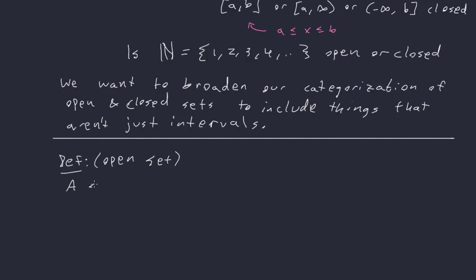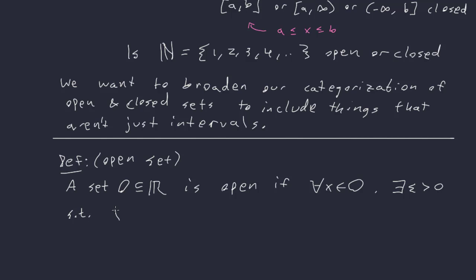A set, and I'll call it O, I always have trouble doing a capital O, which is a subset of the reals, is open if for every element in the set, so if for all x in O, there exists an epsilon greater than 0 such that V epsilon of x is completely contained in O.